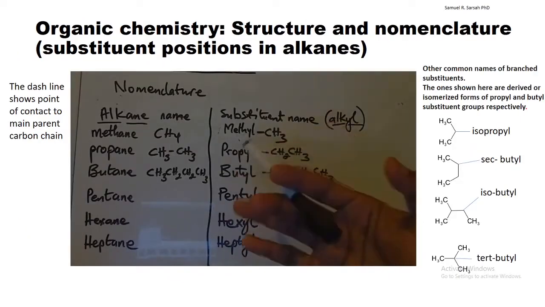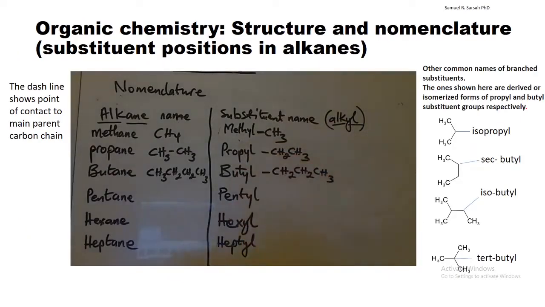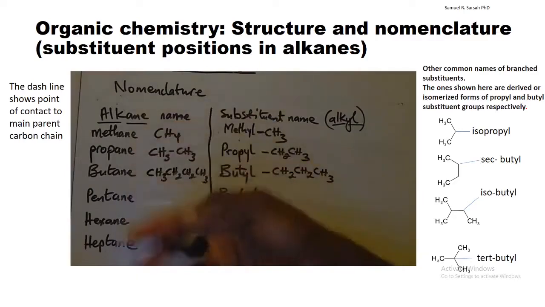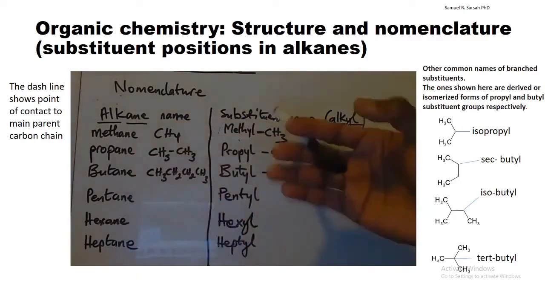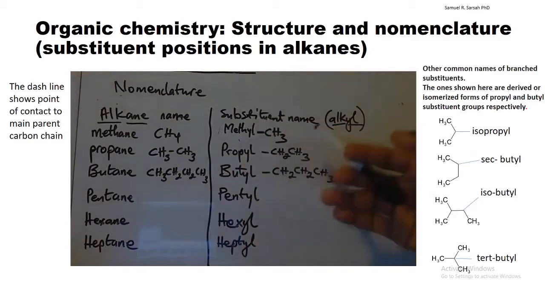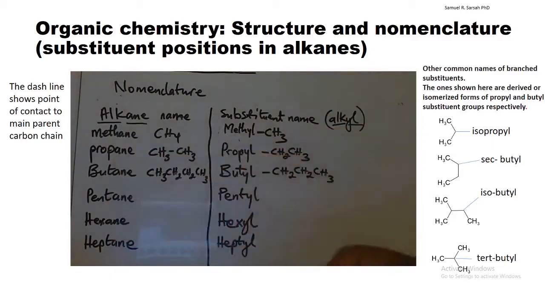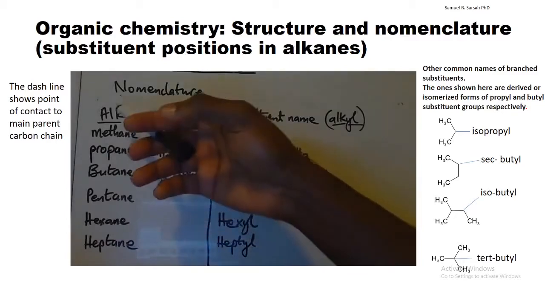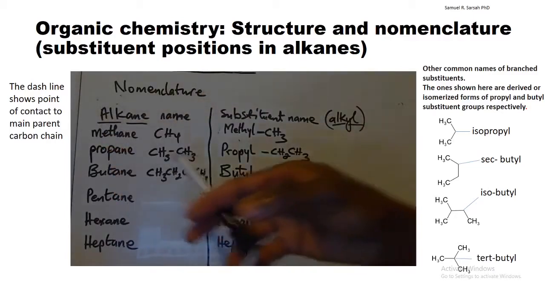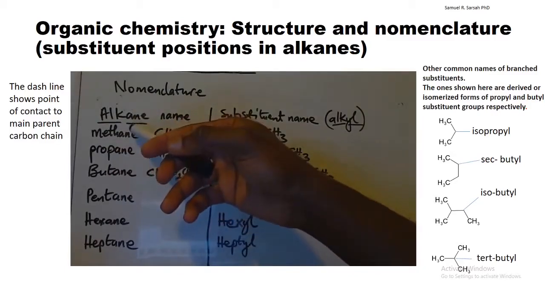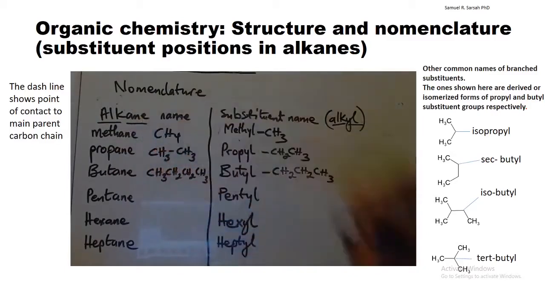Now to name the substituents. These are the main alkane compounds. However, if they show up as substituents in a compound, you maintain the parent name of the alkane, and then the ending -ane is replaced by -yl.